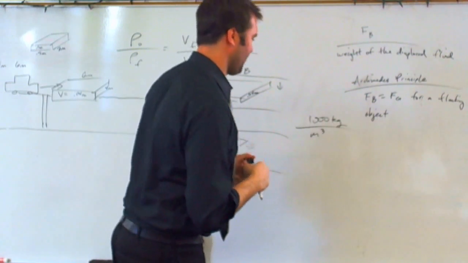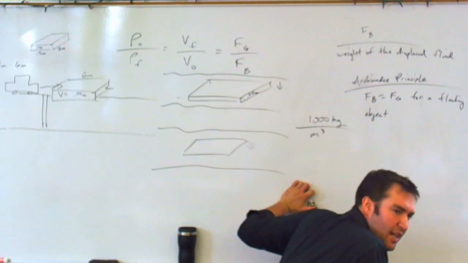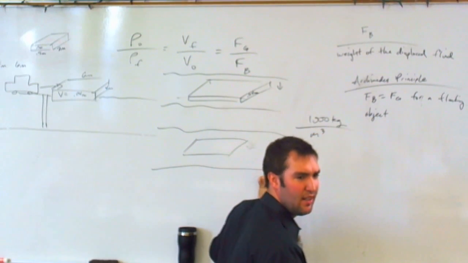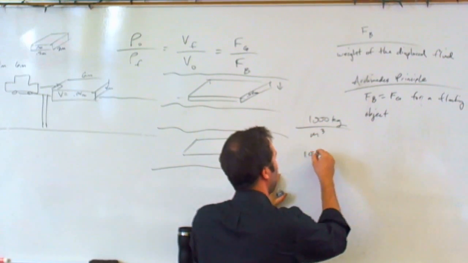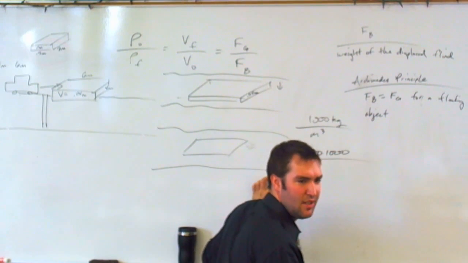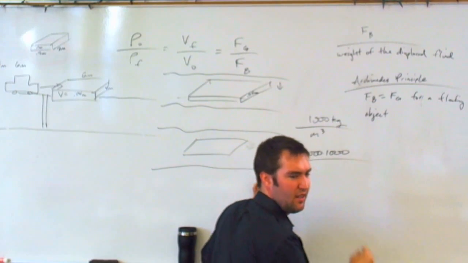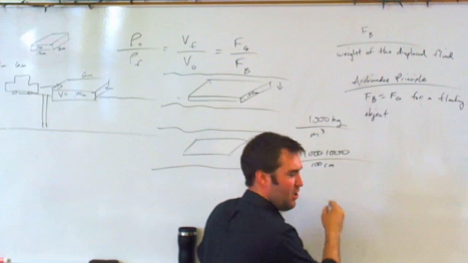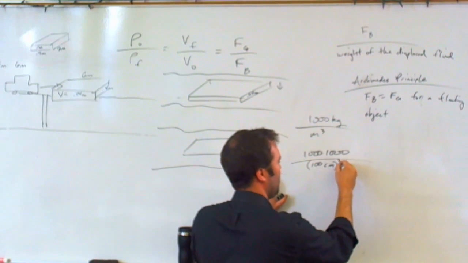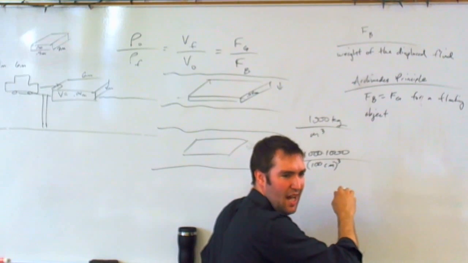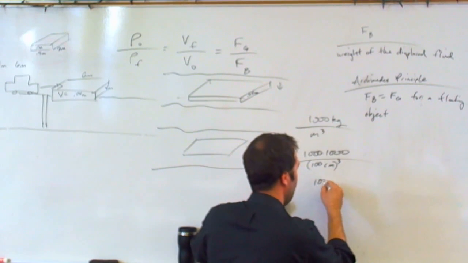I like to figure this out here because what is a kilogram? 1,000 grams, right? What is a meter cubed? What's a meter? It's 100 centimeters, right? So 100 centimeters cubed. You follow? What's 1,000 times 1,000? It's 1,000,000.